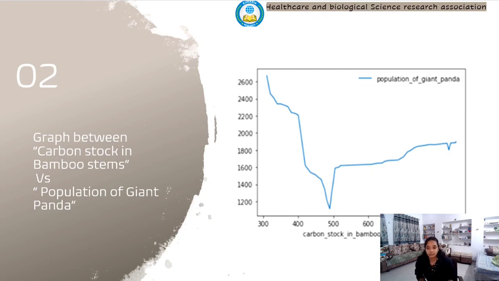In figure 2, we can see that carbon stock in bamboo stems increases with a decrease in Zein panda population. Carbon stock in bamboo increases because of rainfall; when the rainfall is high, the harvest will be good. But excessive rainfall causes many seasonal diseases in the Zein panda. So the carbon stock in bamboo stems indirectly affects the population of Zein panda.